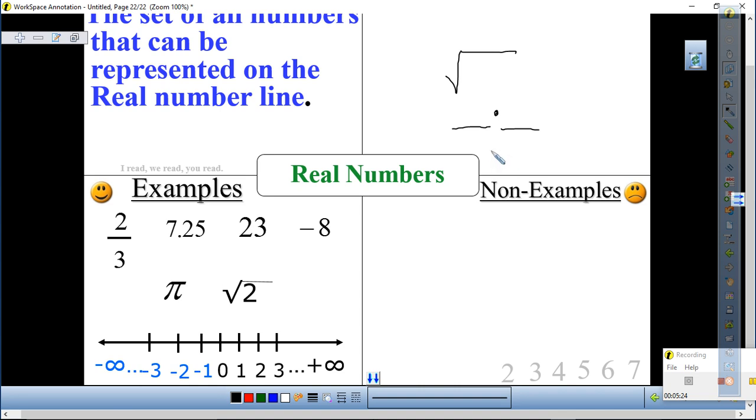What number times itself would give me the number that we're trying to find the square root for? Everybody understand? So let's see. If I was to ask you, what is the square root of 16? Question, is this a real number? Talk it over with your neighbor and see where this one would go on the number line. Go.